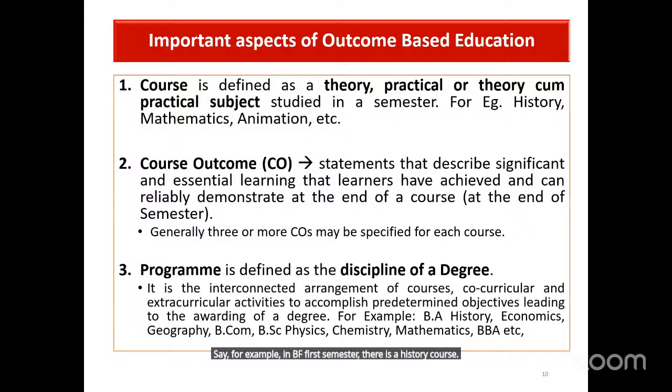After passing that history course, what competency he has acquired, what graduate attribute he has acquired, what subject knowledge he has acquired. That is the course outcome. This is assessed at the end of the semester. So if you have a history paper, a mathematics paper, three or more course outcomes are prescribed, and that should be in the curriculum.